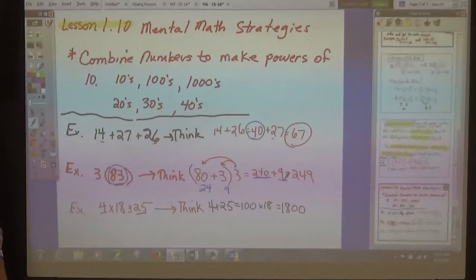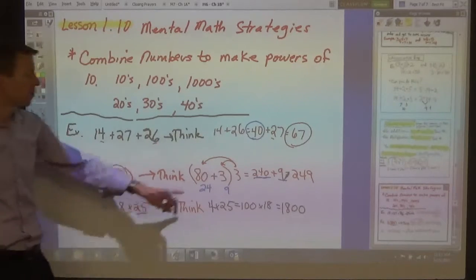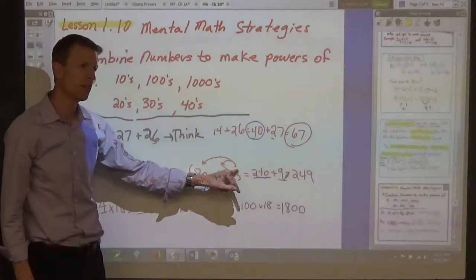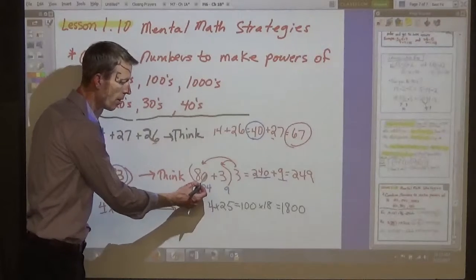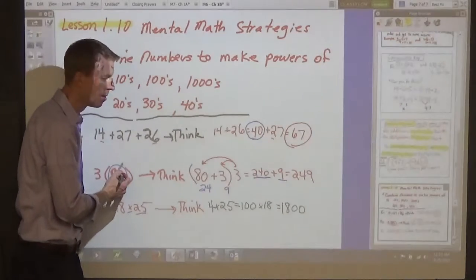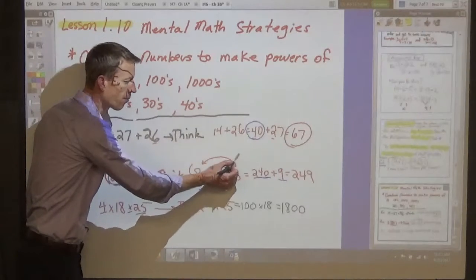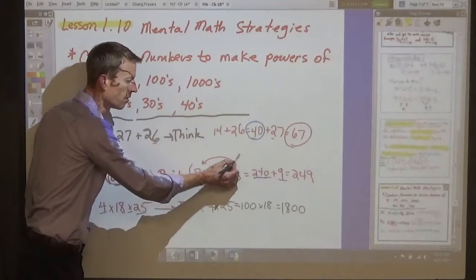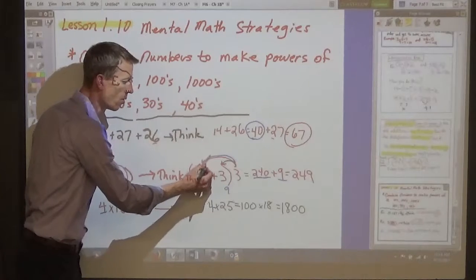Olivia. How do you know how to times the 3? 3 times this one? Yeah. So when you break apart the number, 80 plus 3 is the same as 83. And then you have to multiply the 3 times both numbers. That's what these arrows are showing.